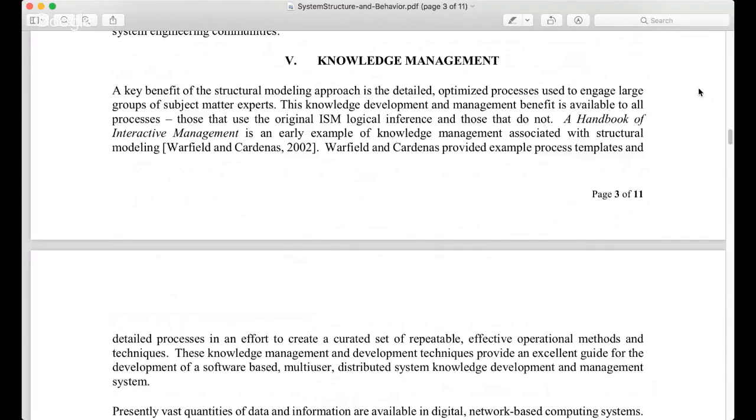Now knowledge is encoded in organizational structure. And as these techniques moved forward, the Handbook of Interactive Management was developed to encode and communicate some of these knowledge management ideas.